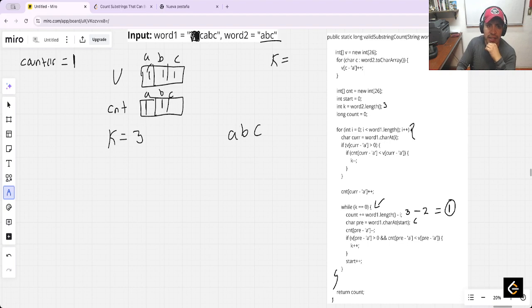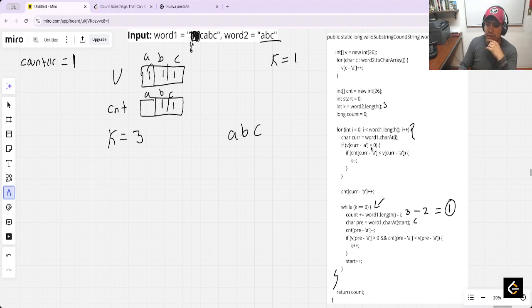In this case is char at the index, the first letter was A, start, and basically okay, this reduces this element by 1, and we need to ask if this is greater than 1, and the counter is minor to this, which means that we need to increase by 1. Basically it is in the positive way.